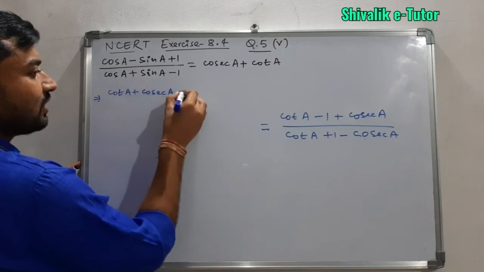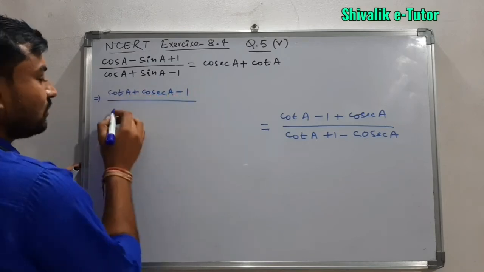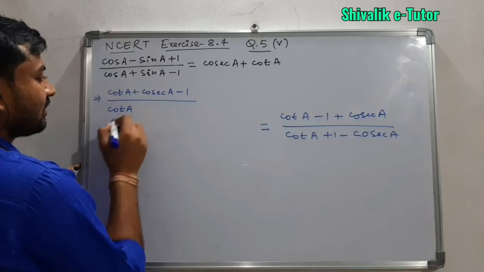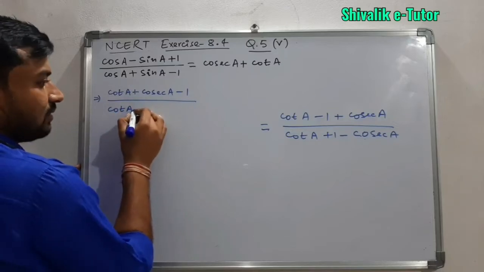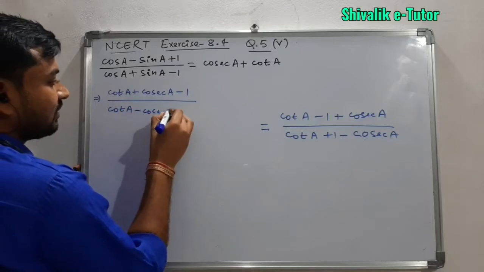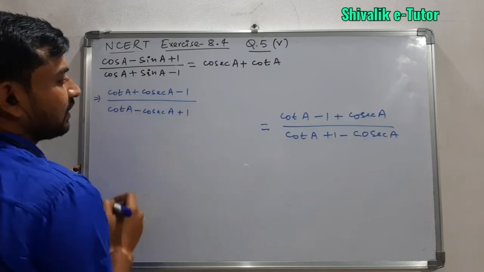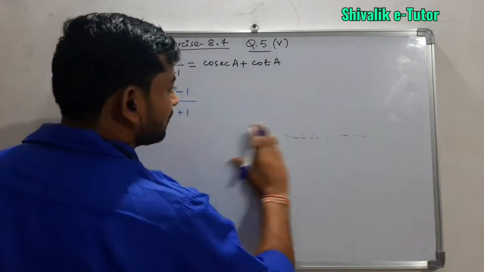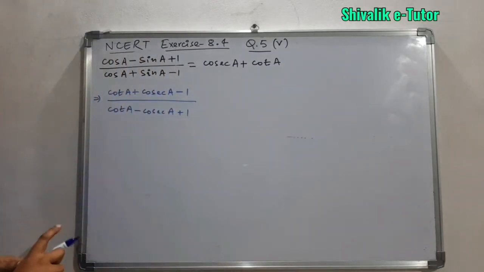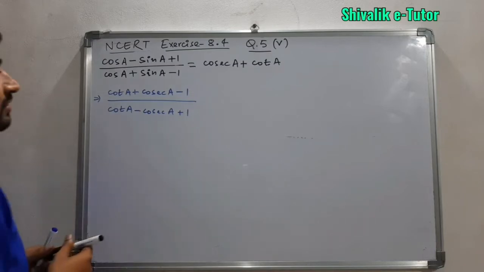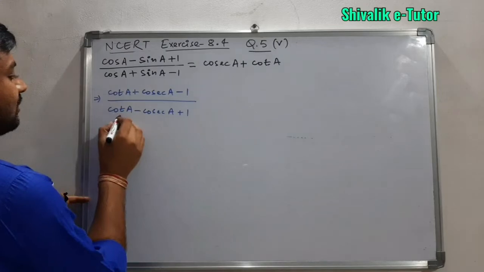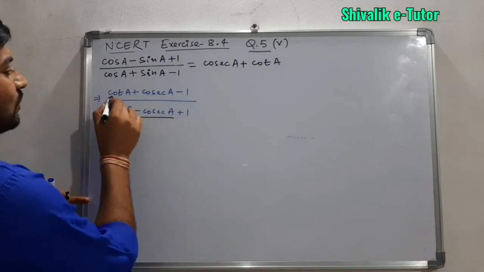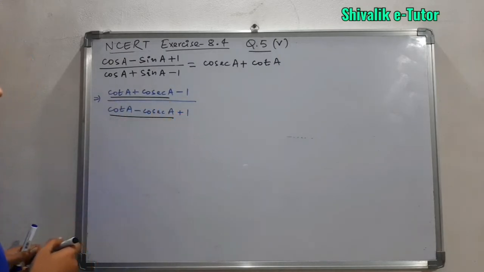So 1 plus cosec A minus 1, and in denominator we will be having cot A minus cosec A plus 1. Now to solve this kind of question, we have to write the trigonometric ratios present in the denominator combinedly as it is in the numerator and denominator. We will consider this two as combined form.